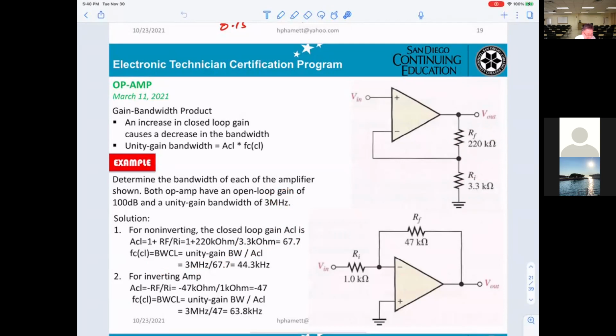You divide by 67.7, and that's what you get for the bandwidth. For the other amplifier here, you can calculate the gain is minus 47, and unity gain bandwidth divided by ACL, so you get 3 megahertz divided by 47, you get 63.8.